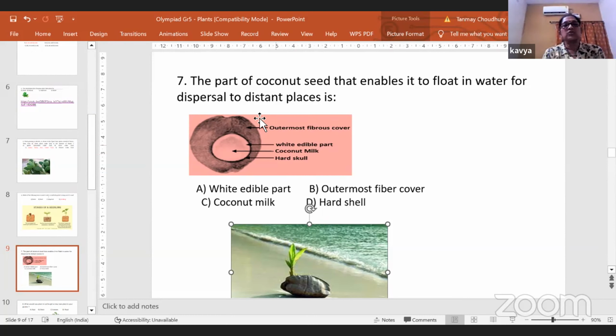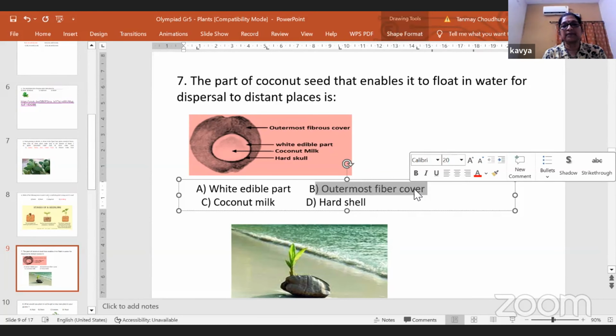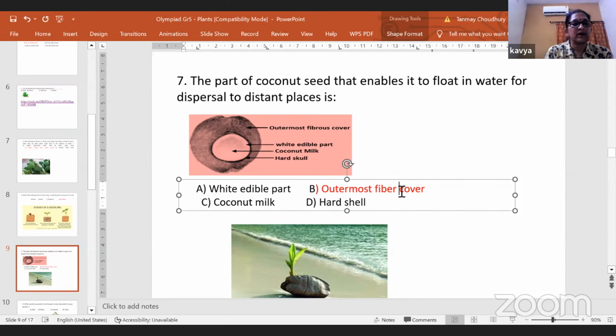So which part of the seed enables it to float? It is the outermost fibrous cover. Next. We have done explosion. We have done water.